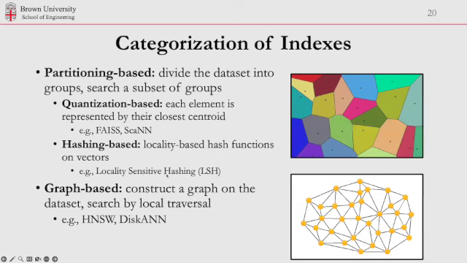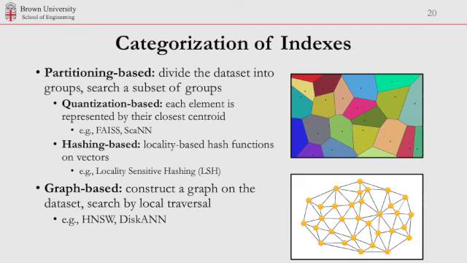So the idea behind a partition-based approach is to divide the data set into groups and search a subset of the groups. Pretty simple idea. What we mainly see today in this category is quantization-based approaches. So you might do something like clustering on the data set. You can get a lot of centroid vectors, and then each vector in the data set can be assigned to its closest centroid, can be quantized to its closest centroid.